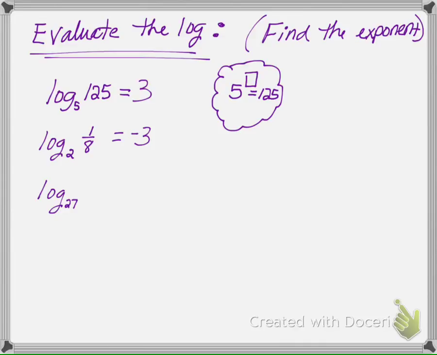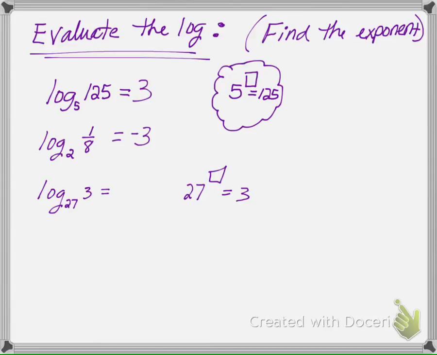We'll come back to that one in a minute. All right. Base is 27, and this is a 3 here. What can we do to make the 27, a base of 27 raised to some power, and the answer is a 3?